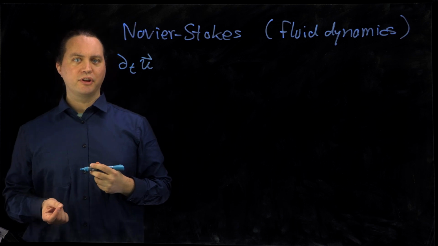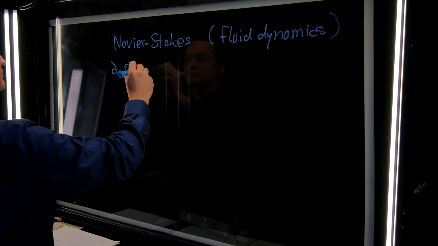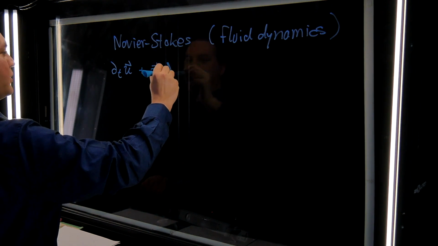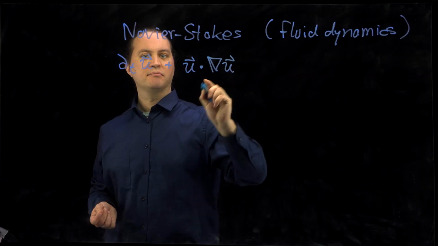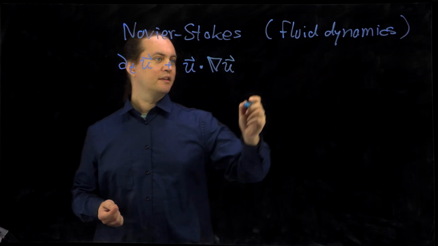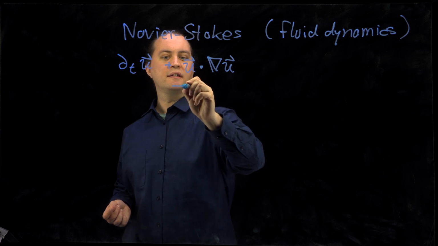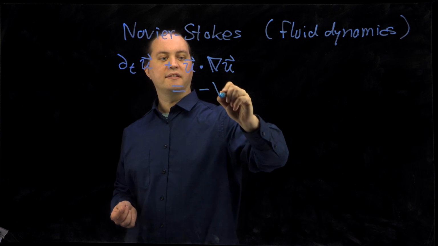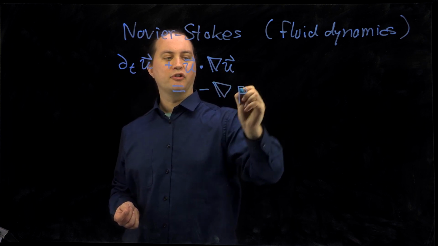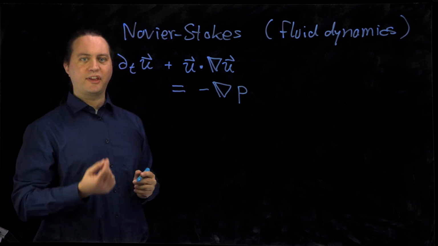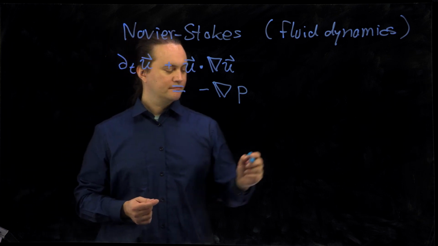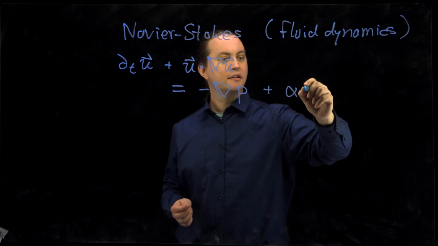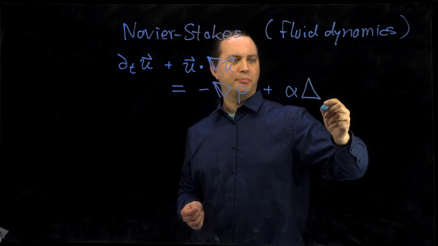The time derivative of u plus u, scalar product, the gradient of u, whatever that is, equals the negative gradient of P. P in this case is the pressure, plus alpha times the Laplacian of u.